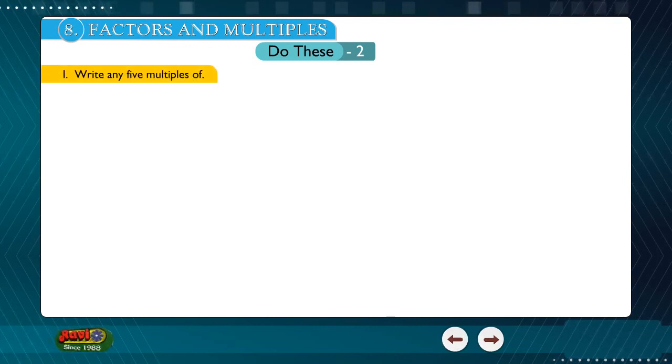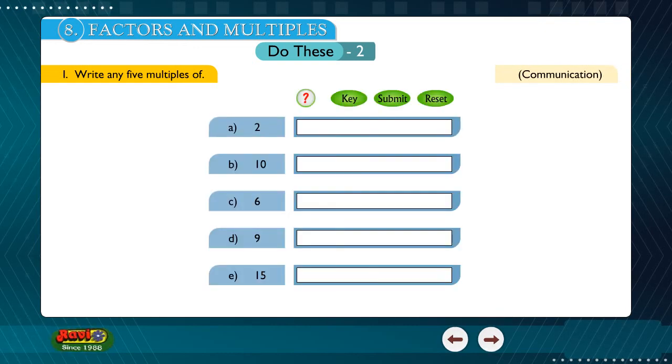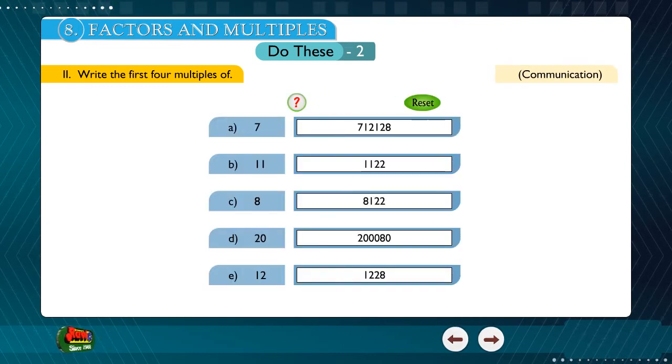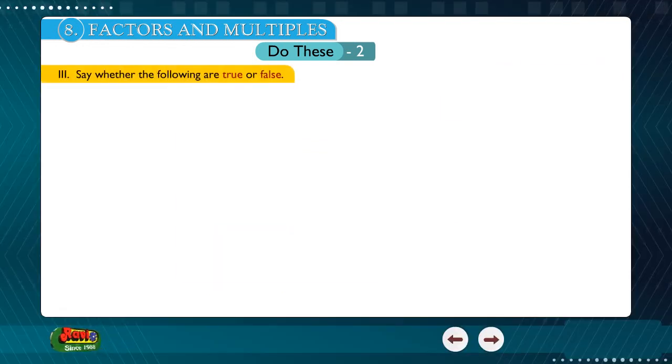Do these too. 1. Write any 5 multiples of the given numbers. 2. Write the first 4 multiples of the given numbers. 3.